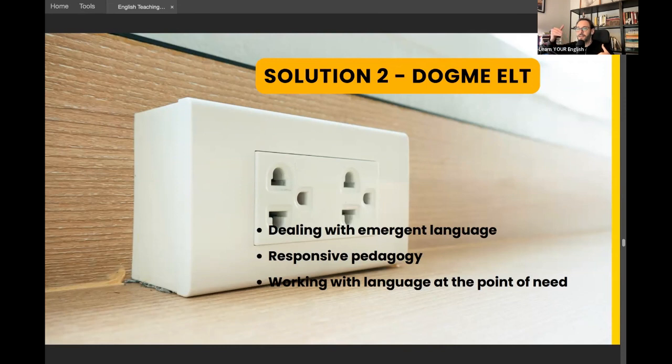And as they make guesses about this intended meaning, they are adjusting their responses to assist the students' efforts. So DOGME ELT centers on the role that communication plays in the teaching and learning process, independent of the type of learner, the subject matter, or even the instructional setting.